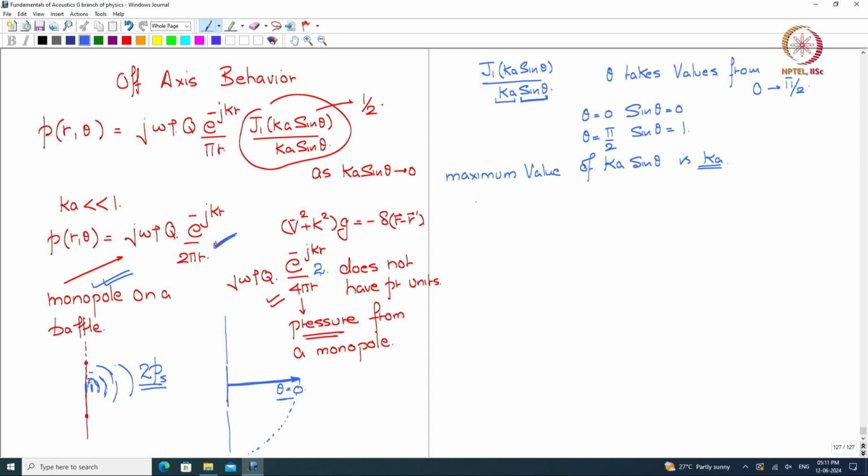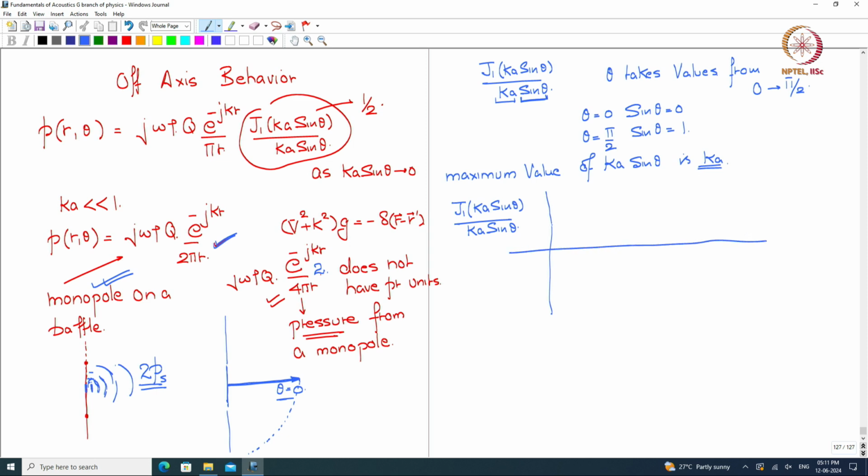Okay. So now if we plot the magnitude of J1 of ka sin theta by ka sin theta, then it looks like this.